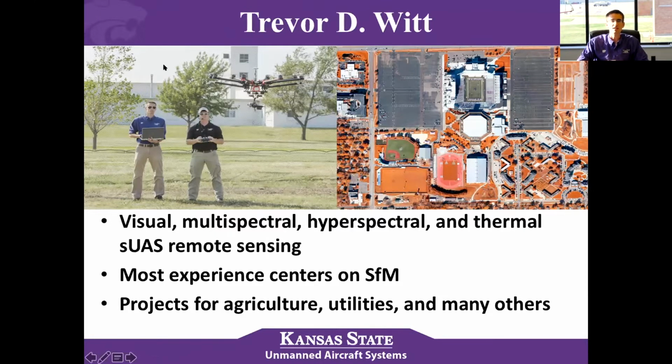I've spent about 5 years working in UAS remote sensing, focusing on application specific technologies, mostly in the visual spectrum, but also done a decent amount of work in multispectral, hyperspectral, and thermal UAS remote sensing. Most of all that centers around structure from motion or photogrammetry type applications. So I'm really familiar with the capabilities and limitations of that technology.